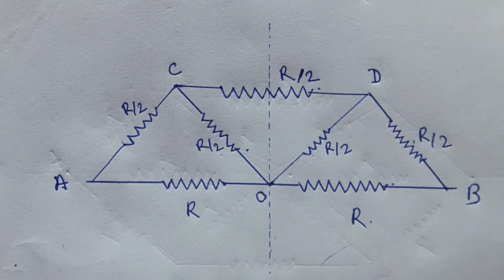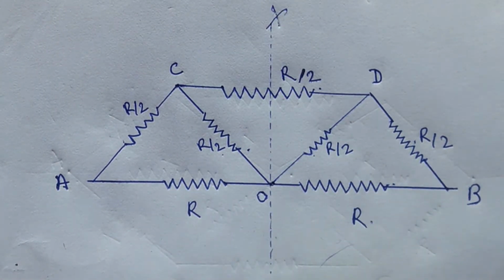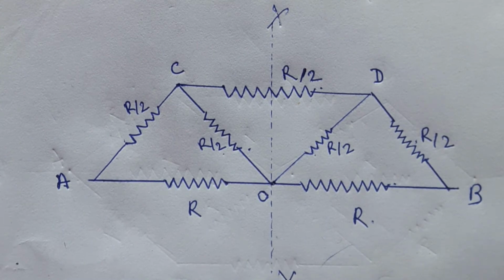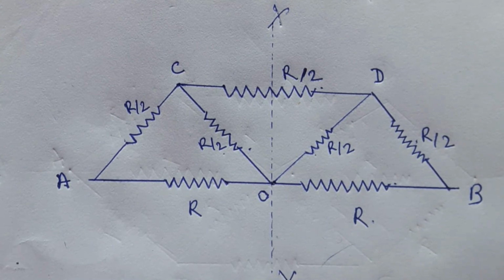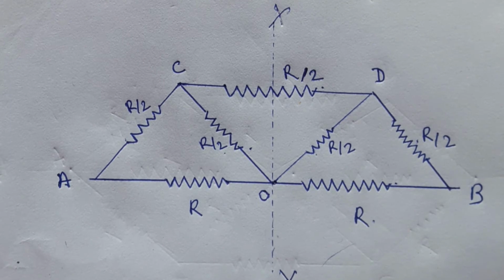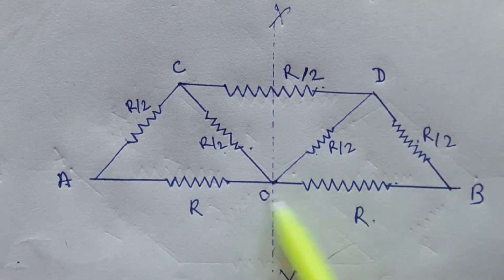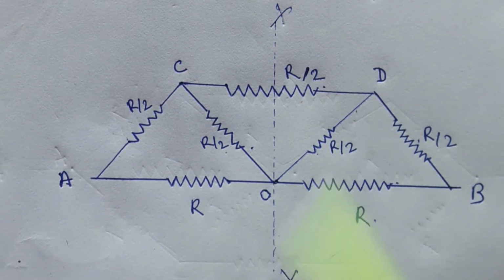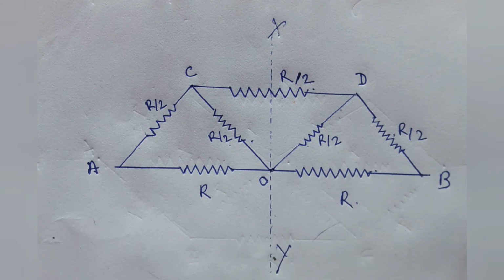Here we see that again this line XY is the perpendicular axis of symmetry, and we know in the case of perpendicular axis symmetry no current mingles at the point O, thus we can just separate these branches. Okay, see the next figure.